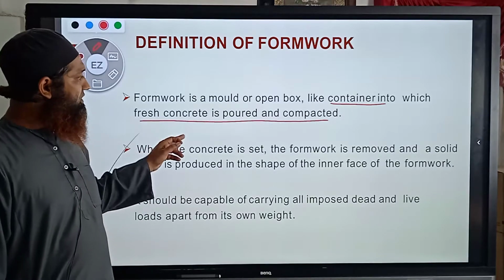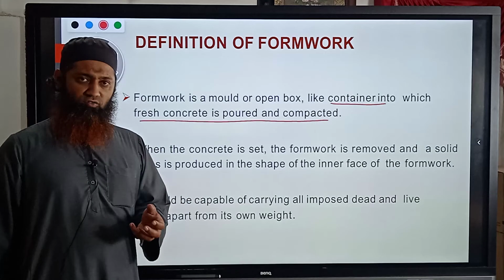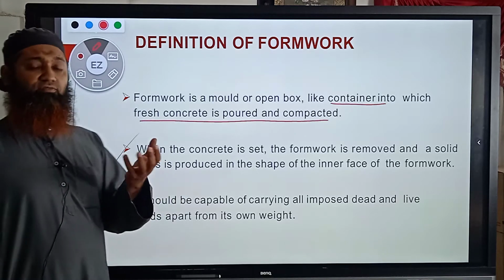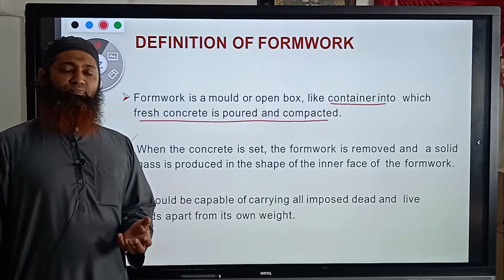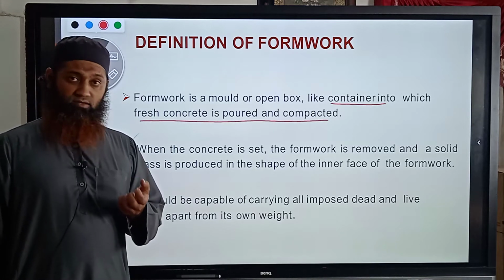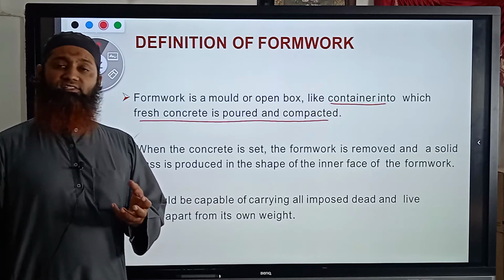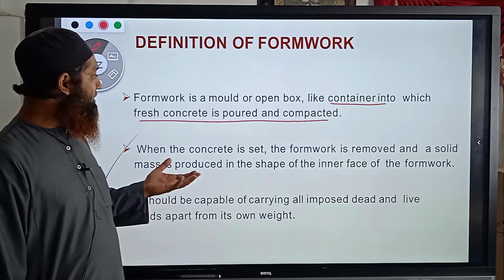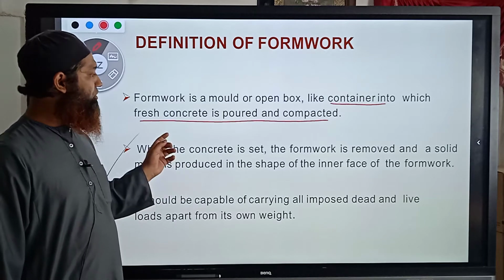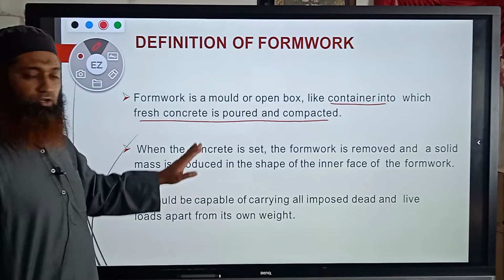So the formwork should be very good. The concrete has a very huge load in it, so the formwork should be proper. Fresh concrete is poured and compacted into it; that is called formwork.